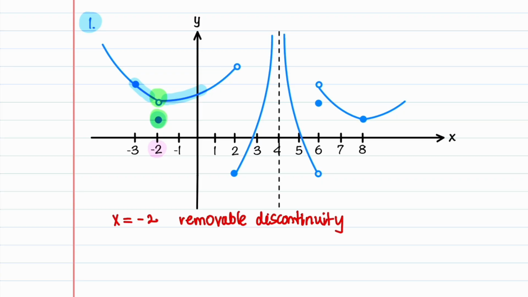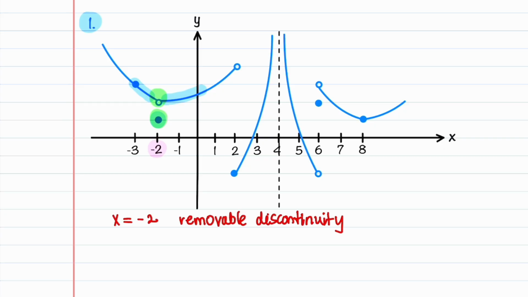It is not a jump discontinuity because when we have a jump discontinuity, the value starts at one value, goes to the next value, and then continues on from that value. With this one, our function only jumps at a single point. So it's called a removable discontinuity.